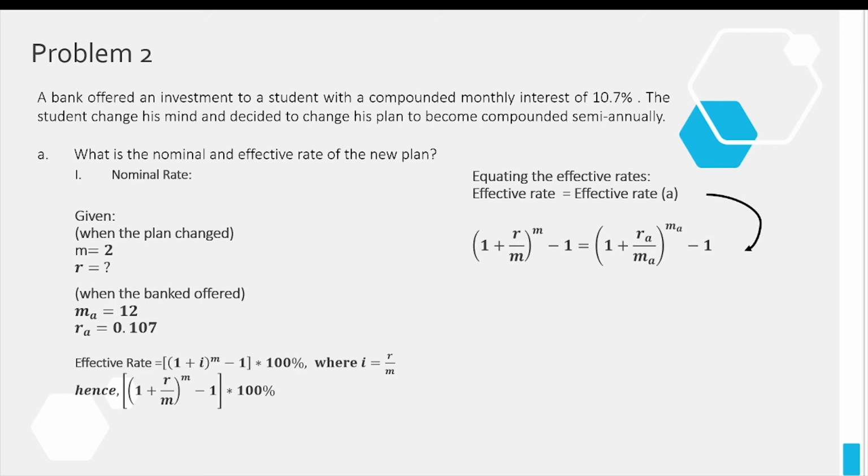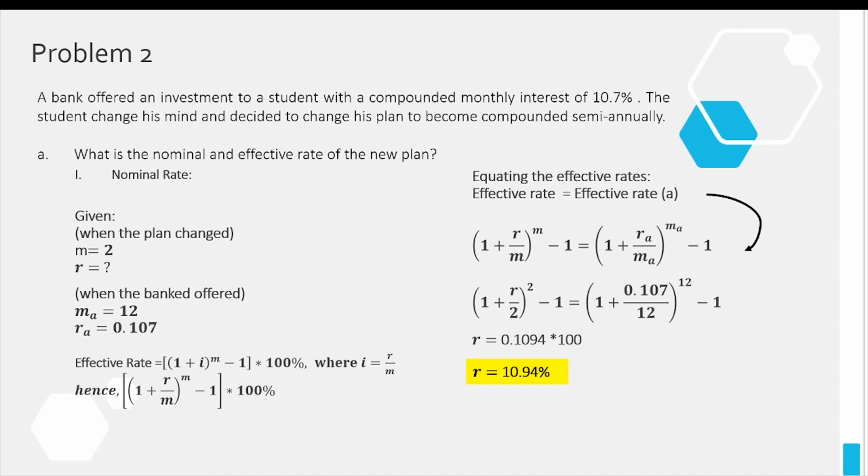Substituting the given values, we obtain the quantity 1 plus r over 2 raised to 2 minus 1 equals the quantity 1 plus 0.107 over 12 raised to 12 minus 1. Therefore, we obtain r equals 0.1094 times 100%, and the nominal rate of the new plan is equivalent to 10.94%.